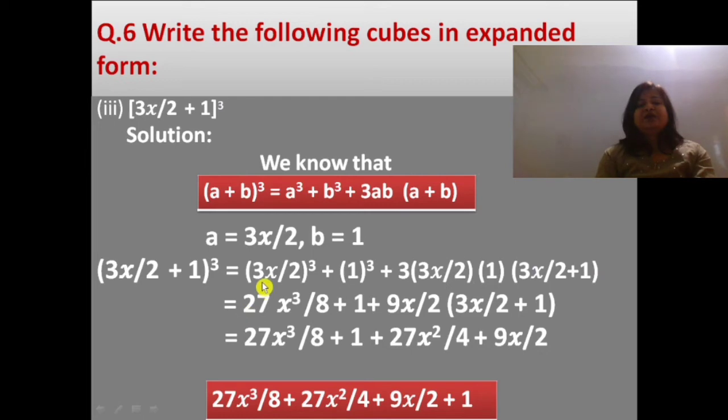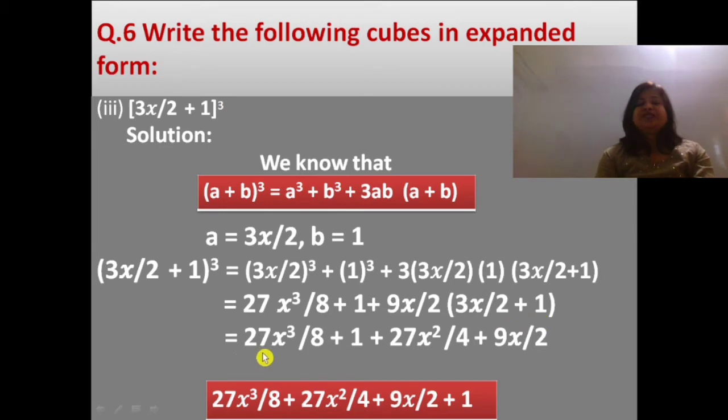Now (3x/2)³ means 27x³/8, plus 1³, that means 1 will come, plus 9x/2. 3 into 3x means 9x divided by 2 into 1, so 9x/2 will come. Now (3x/2 + 1) will remain the same.